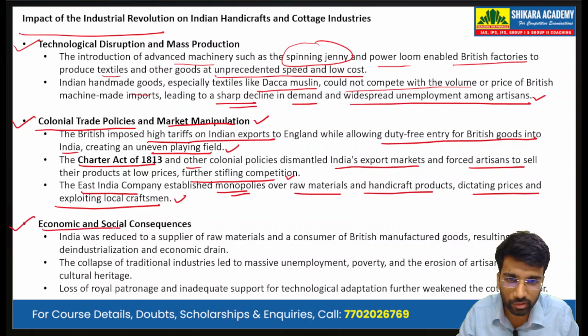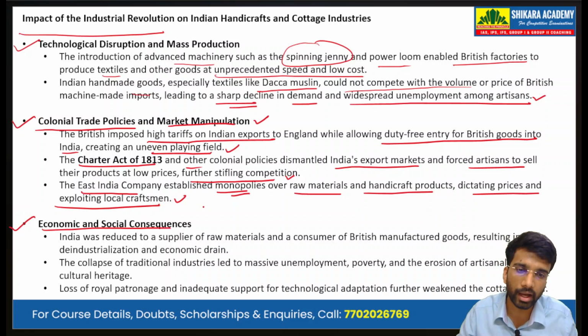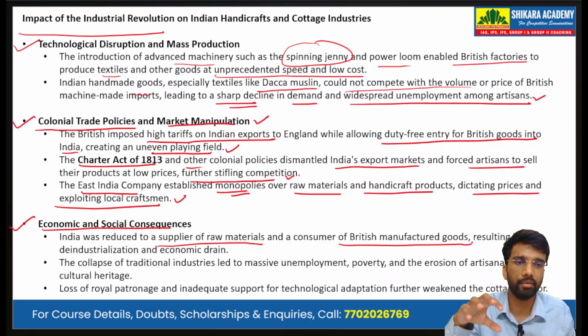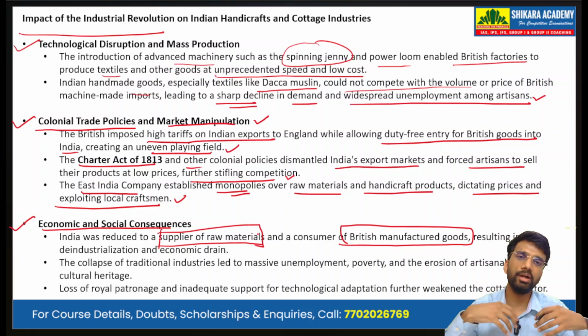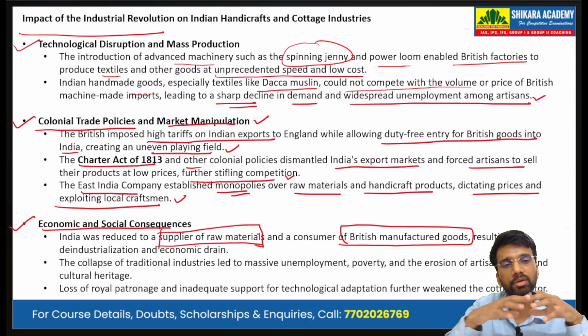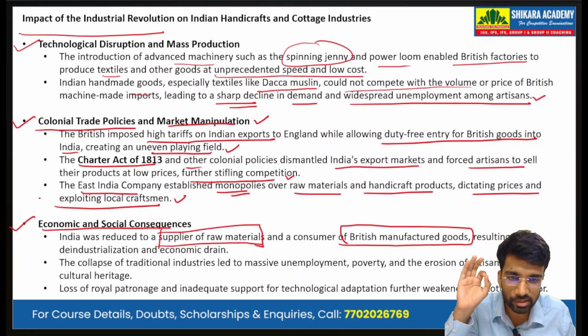Economic and social consequences. India was reduced to a mere supplier of raw materials and a consumer of British manufactured goods. So on the one hand, we Indians became the supplier of raw materials and the consumer of British manufactured goods, resulting in deindustrialization and economic drain.